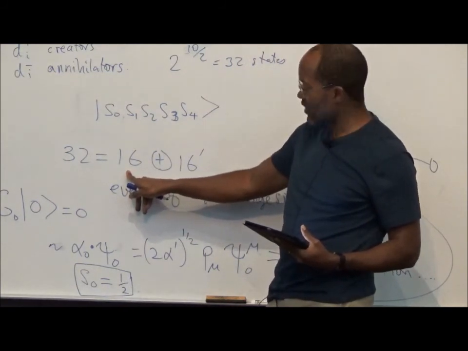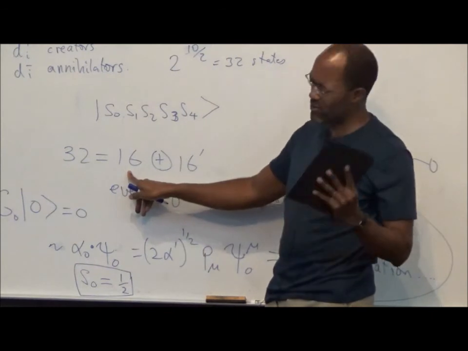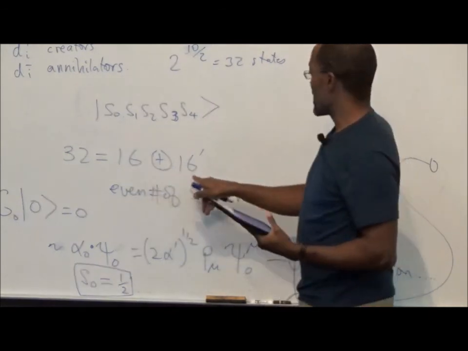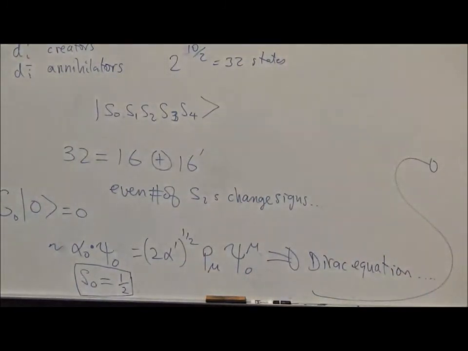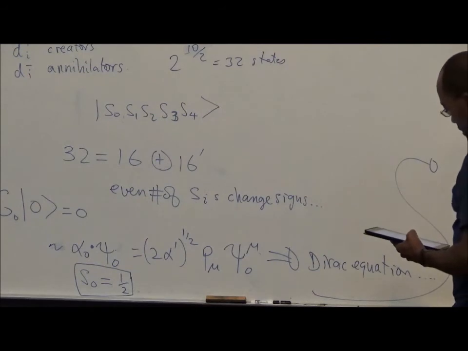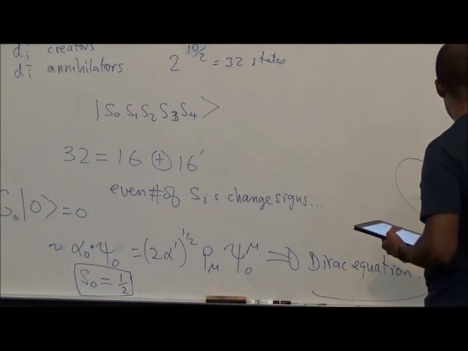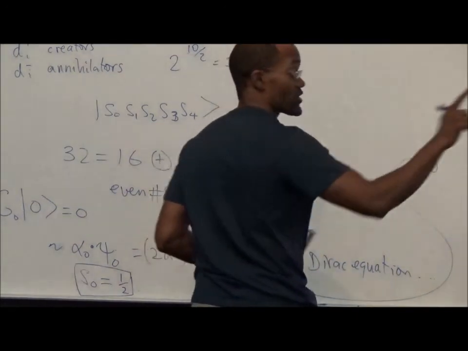I divide my number of choices by 2, that's a better way of saying it. So this becomes now 8 possibilities and another 8 possibilities. So I'm going to label the final choice coming now from the GSO projection.